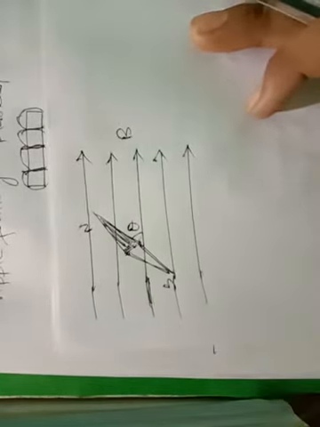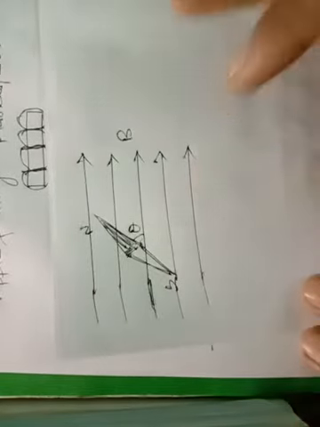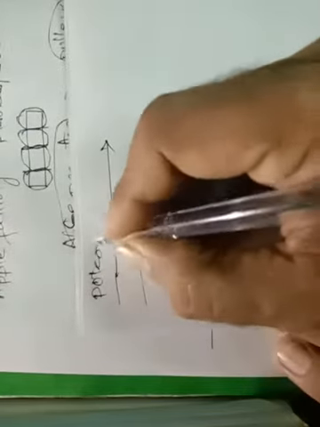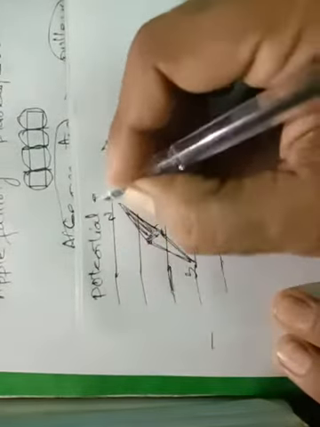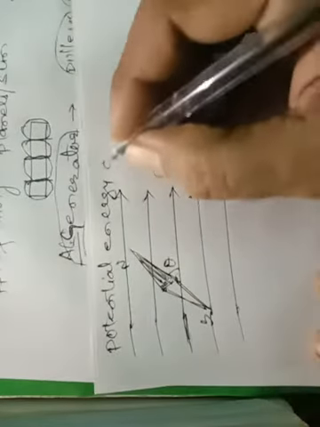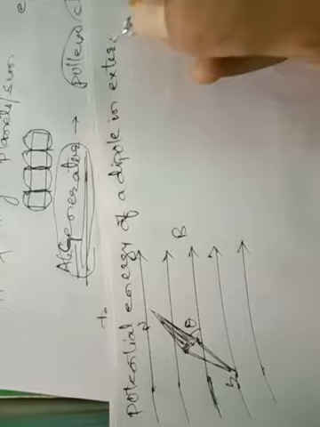Now you see, what will happen to a magnetic dipole when it is placed in a magnetic field? We will write: potential energy of a dipole in an external magnetic field.